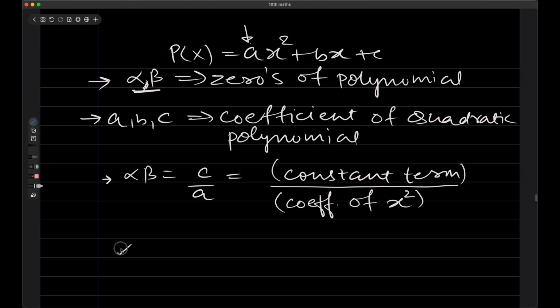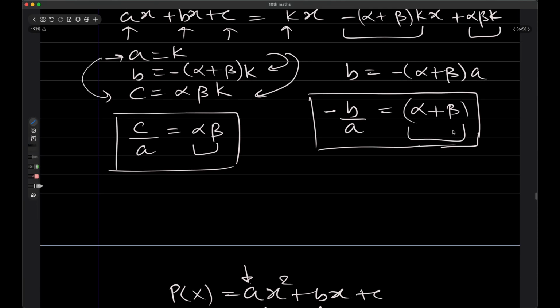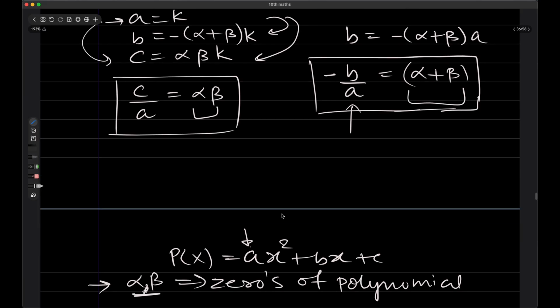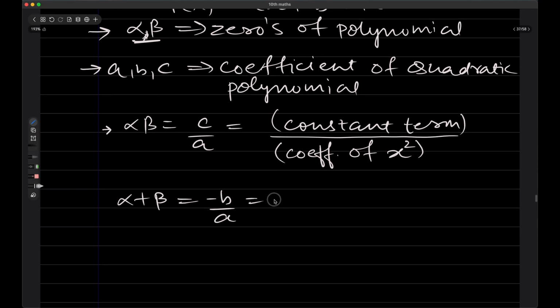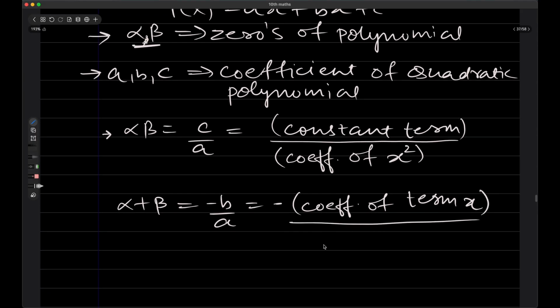If I see the sum of zeros of the polynomial, that is equals minus b divided by a, that is the sum of zeros of the polynomial equals minus b divided by a, that is equals minus of the coefficient of the term x divided by the coefficient of x square.